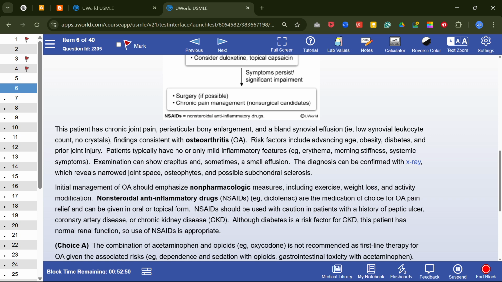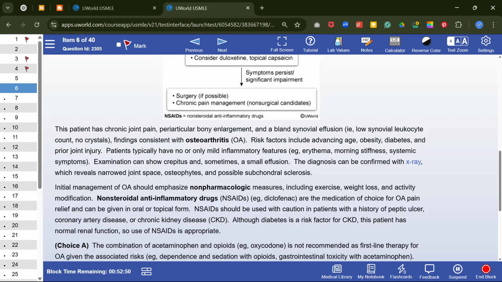NSAIDs, including diclofenac, are the medication of choice for chronic OA pain relief and can be given in oral or topical form.